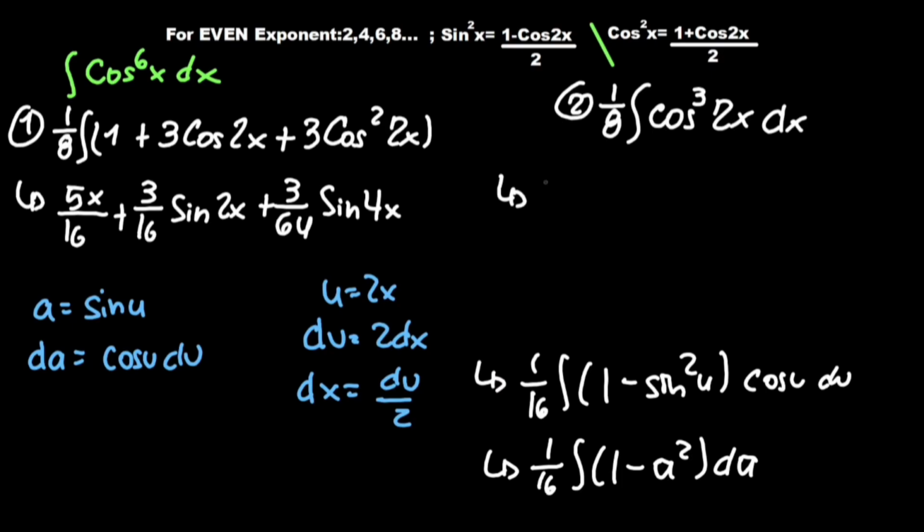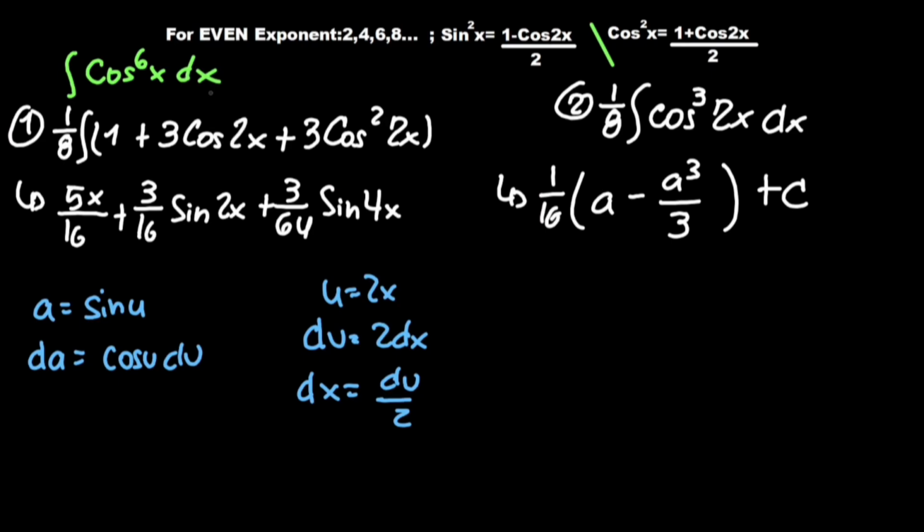And so by integrating this, integral of 1 da would be a minus a cube over 3. And now we can put plus c.